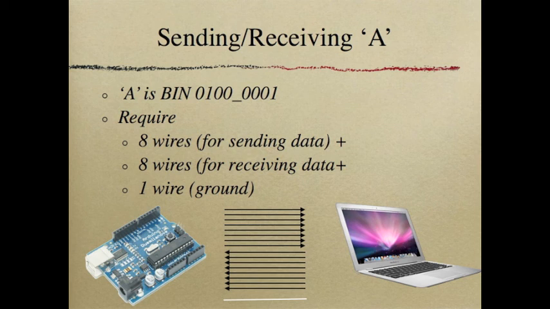Since we have 8 bits, we may need 8 wires for sending and another 8 wires for receiving. Put them all together, plus one more wire for ground. In total, we need 17 lines. Well, that's a lot. And if we want to make a long distance communication, 17 lines is kind of trouble to drag from one end to another.